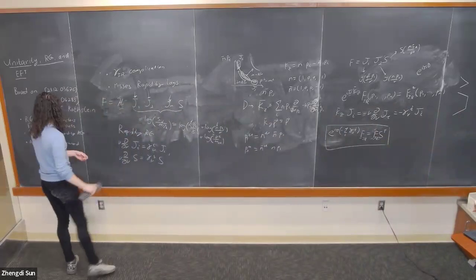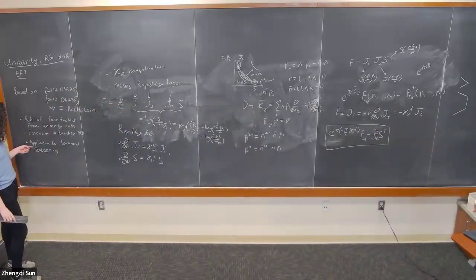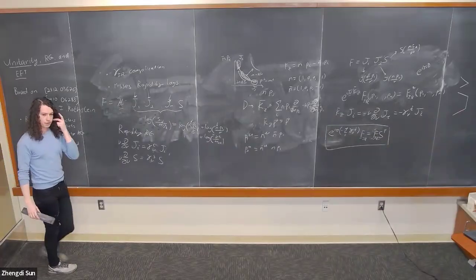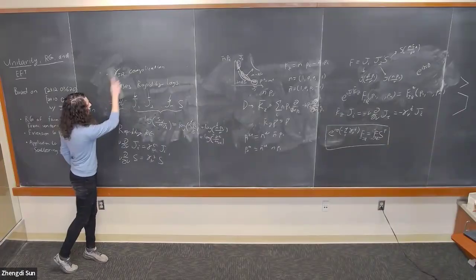Now the thing that I want to do, where this story is probably most useful, is in the case of forward scattering, where the rapidity RG is much more complicated, as I'll get to in a second.